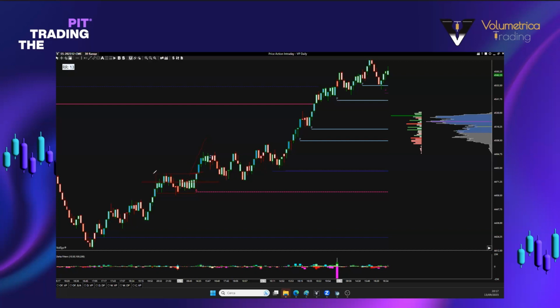So from here on, buyers have won. That classifies this area as a demand area, an area where demand, that means buyers, have overcome sellers, supply, and therefore that's the point where this move has originated, right? Cool.